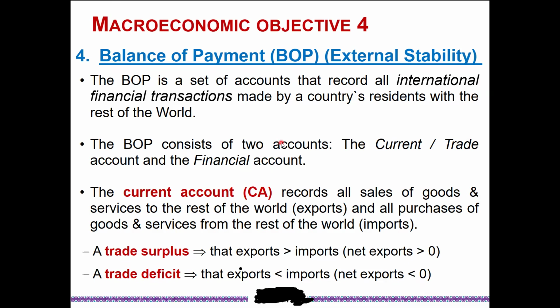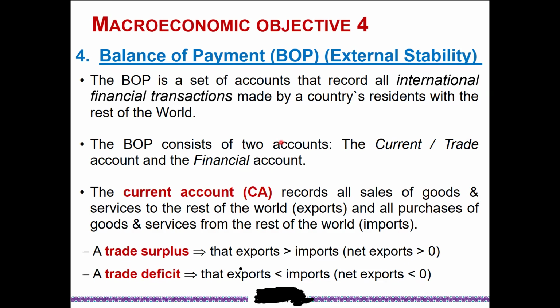records all international transactions made by a country's residents with the rest of the world. And it consists of two accounts, which are the current account or the trade account, and the financial account. In the current account, it's where we keep records of all sales of goods and services.